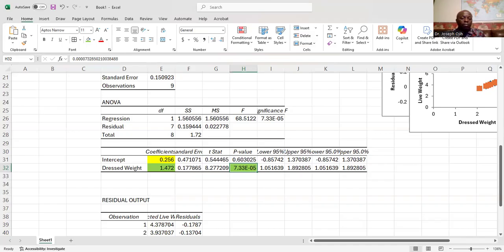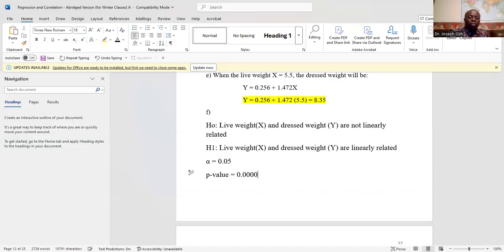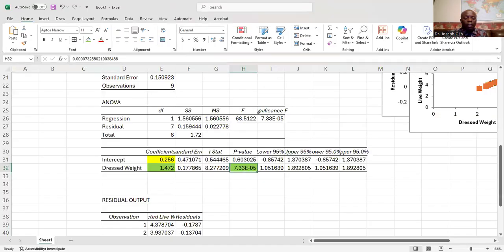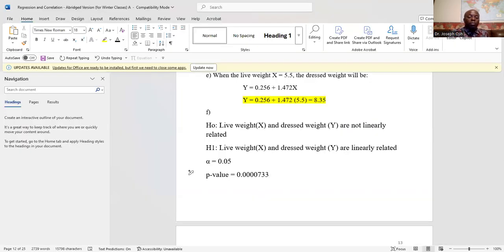So I'm going to put the p-value, 0.0000733. Let me make sure; I just wanted to stop at 7, but yes, 733 if you like, I can write it that way. Rounded to four decimal places, it's basically 0.0001.